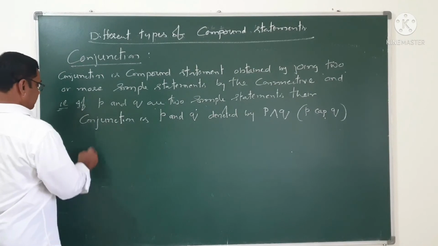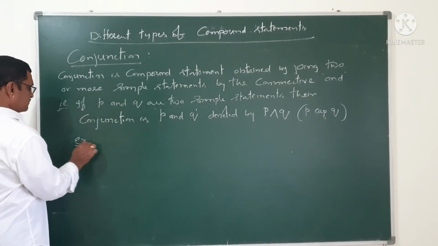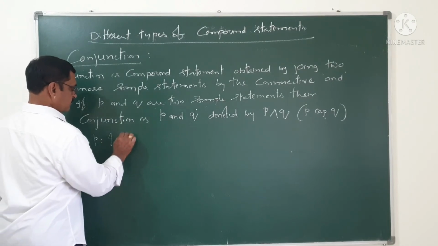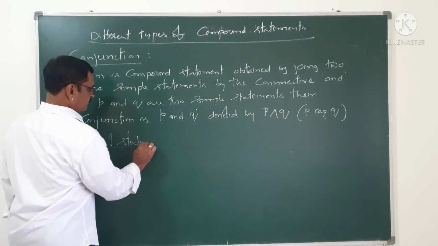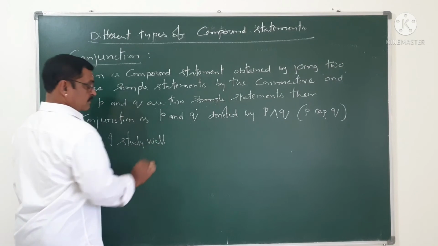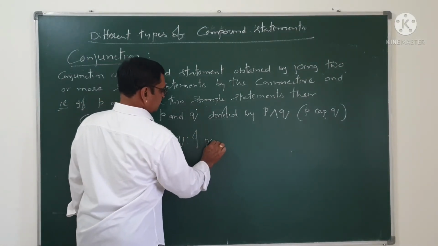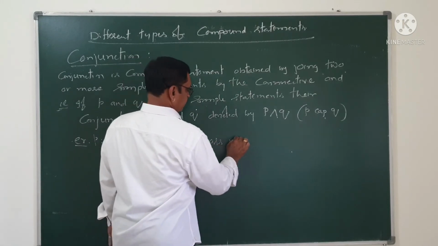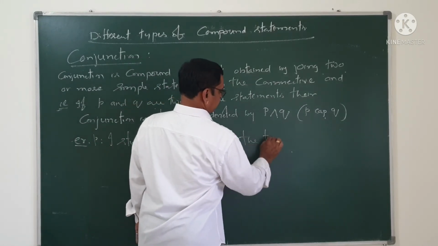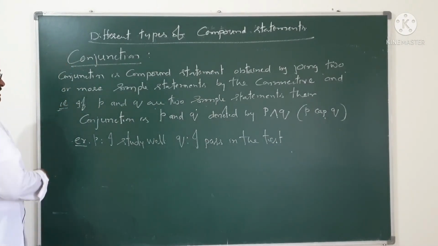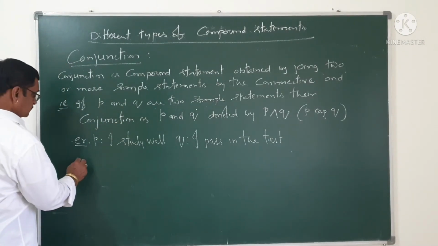Okay, let me see one example. Example: P, I study well. Q, I pass the test. Now I want to write the conjunction of these two.